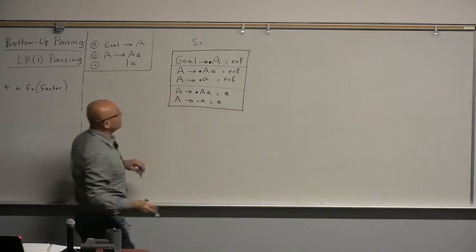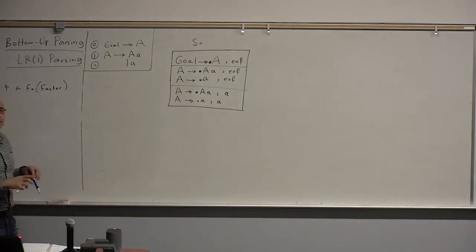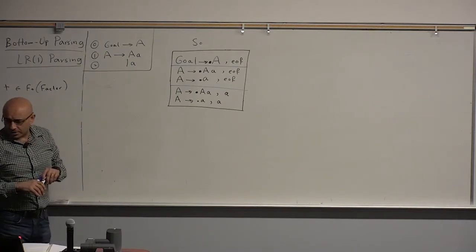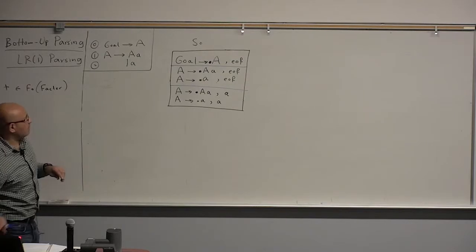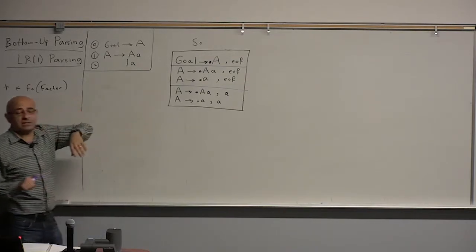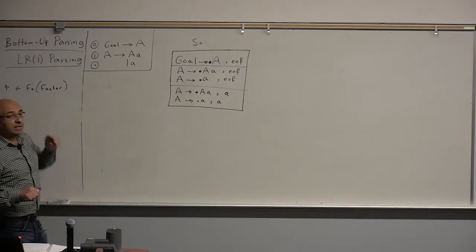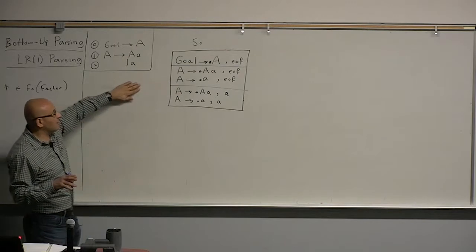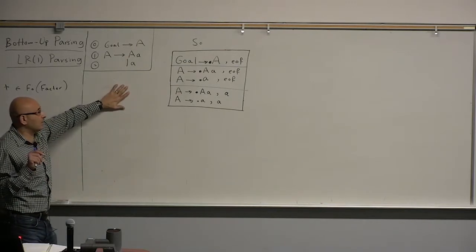Now, I guess this is probably the least intuitive part of LR1 parsing. I think we are out. No, I think we have a minute. So let me say something about this. Then we will discuss this in detail next time. This is the part that students find the most difficult part of LR1 parsing.